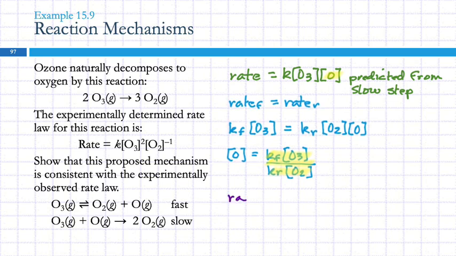So rate is equal to rate constant times O3, and then we're going to plug this in for the O: K forward times O3 divided by K reverse times O2.